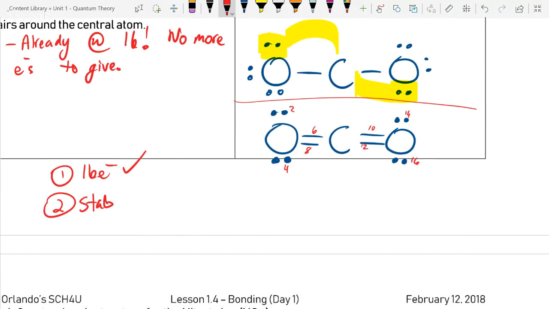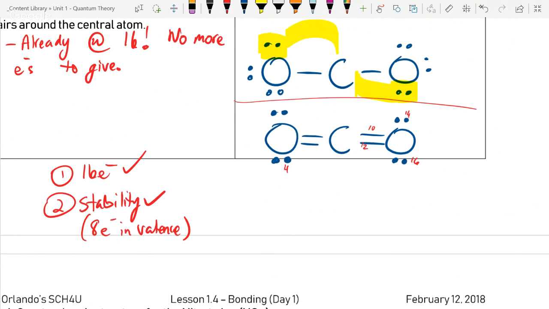So we're going to check for stability, which in this case means, are there 8 electrons in each valence, right? And so quickly look at this oxygen, 2, 4, 6, 8. It is stable. This carbon, 2, 4, 6, 8. It is stable. And this oxygen, 2, 4, 6, 8. It is also stable. Check. Does that make sense? Okay.